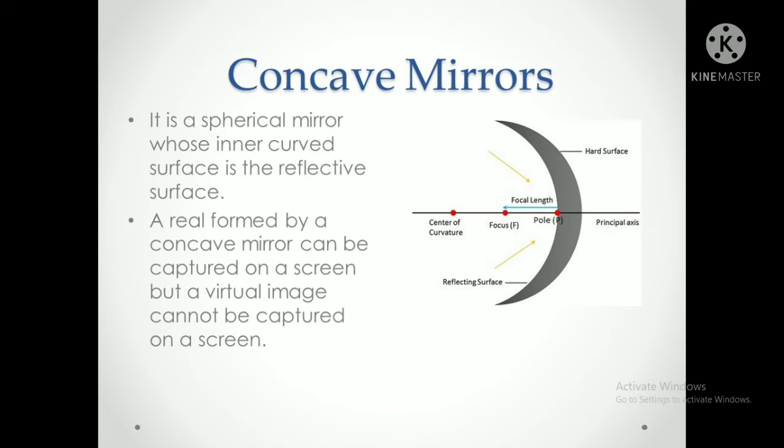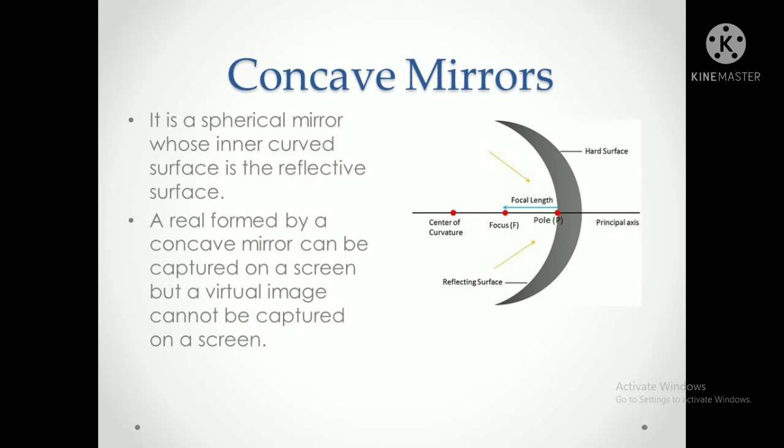Then from the center of curvature draw a straight line crossing that arc, that is the principal axis. Where the arc and the principal axis meet will be the vertex. And the middle point between the center of curvature and the pole is the focus.